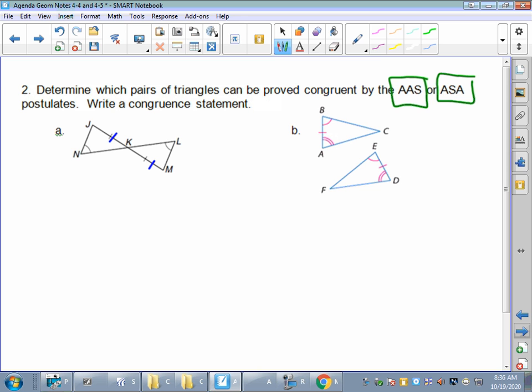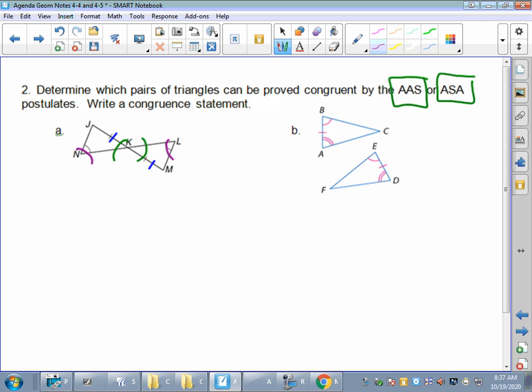I've got, simple to see, right, angle N and angle L. And what else do I have that's congruent? Do I have a pair of sides? Do I have a pair of angles? I don't see anything else with sides. It has to spell it out to you. However, don't forget about vertical angles. The two angles at K are vertical angles.